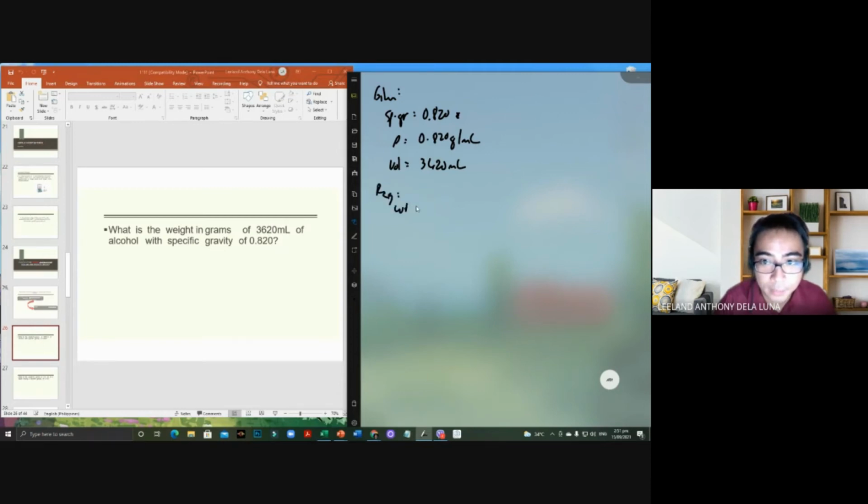is weight equals unknown. So, ang solution natin, balikan natin yung triangle natin. Actually, kung nakasanayan nyo na rin naman kasi, gagamitin na lang natin. Mass over volume. So, if I need mass, or yung weight, simply density times volume. So, my density would be 0.820 grams per ml times 3620 ml.